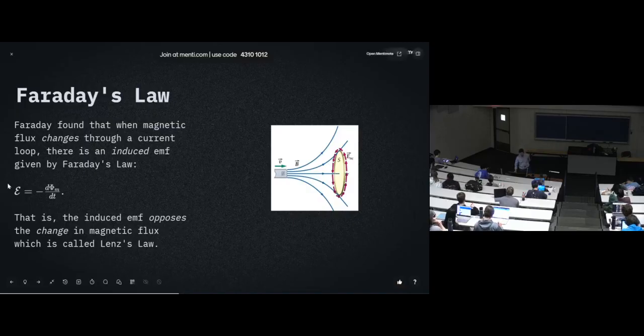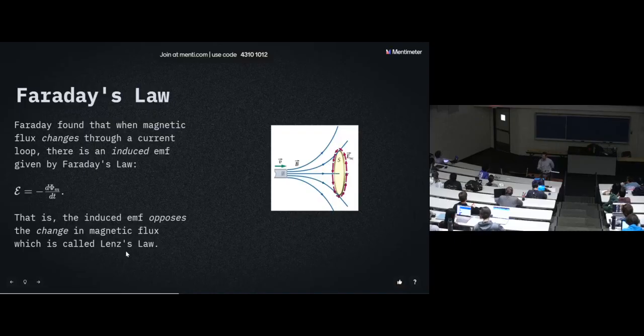The mathematical relationship is attributed to Faraday here. The negative sign, meaning the opposition to change, is attributed to Lenz's law. It always opposes the change.